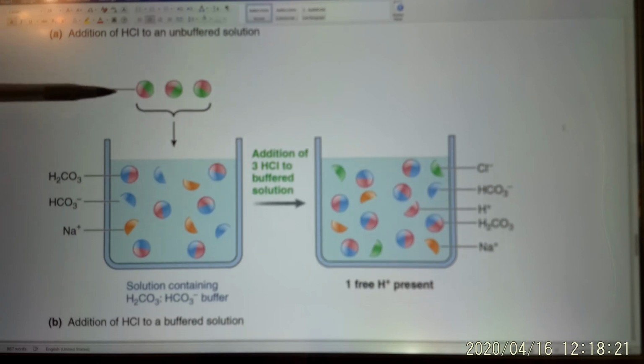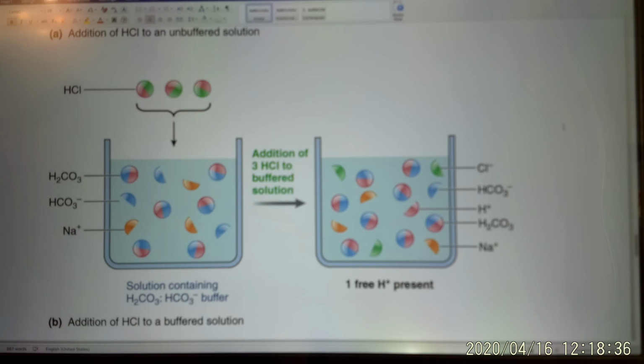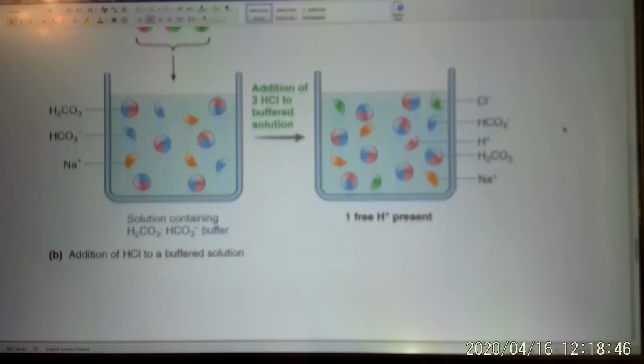When you add 3 HCl into the solution, it's supposed to produce 3 H plus, but 2 of them are taken away by the buffer, so you only have 1 H plus left. The solution won't be so acidic compared with a non-buffer. The same when you add OH, the buffer is still able to take the OH away. So the buffer helps you maintain pH.